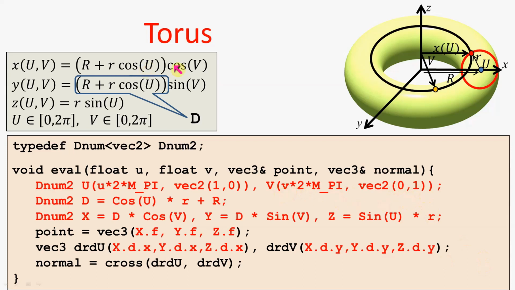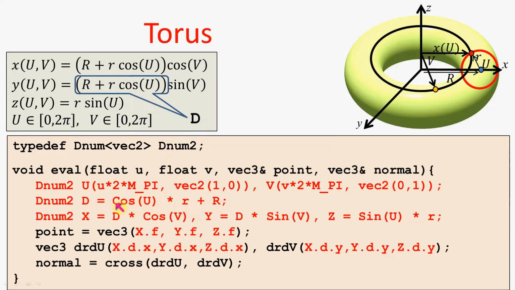The radius of the circular motion shows up both in the formula of x and y, so it's enough to calculate this common term only once. We denote it with d. d is the cosine of U multiplied by lowercase r, and we add the uppercase R value.